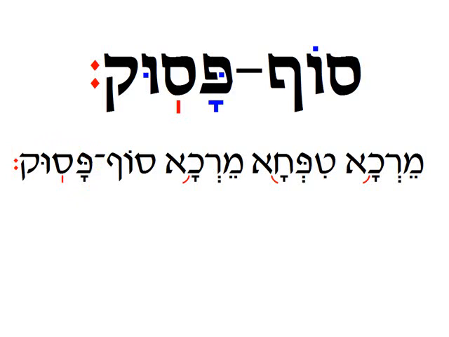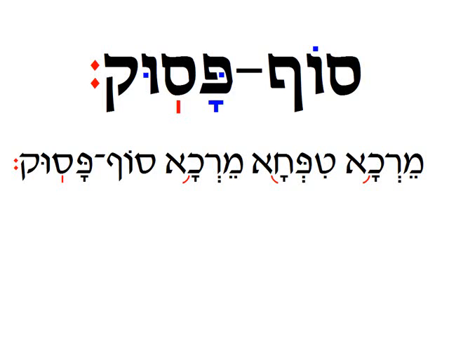And in this slide, you can see the four different trope marks that are part of the Sof Pasuk family. The mercha, which is like the backwards-looking comma, and then the tipcha, the reverse of that. Then you have a mercha again, and that's what is different from this family than from the et nakta family that we did last time.